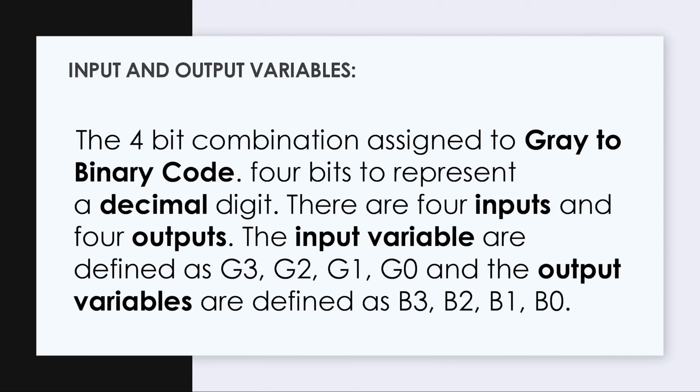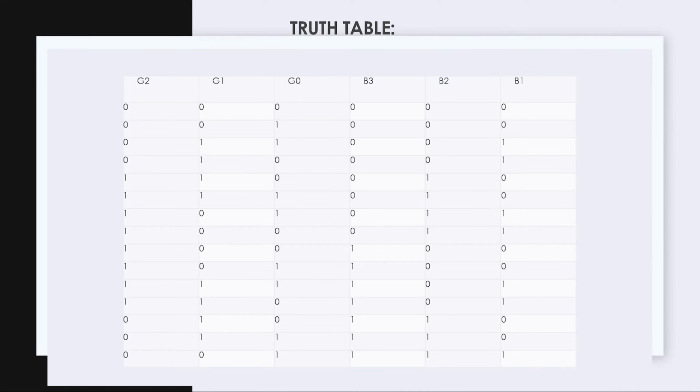The 4-bit combination is assigned to gray to binary code, 4 bits to represent a decimal digit. There are 4 inputs and 4 outputs. The input variables are defined as G3, G2, G1, and G0, and the output variables are defined as B3, B2, B1, and B0. And this is the truth table for gray to binary conversion.